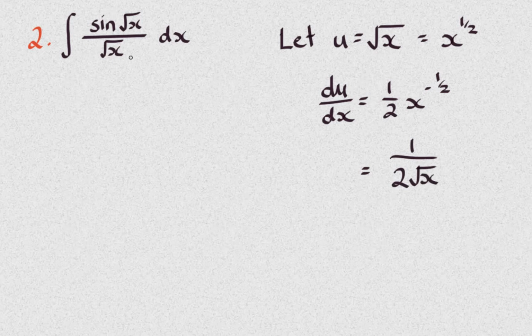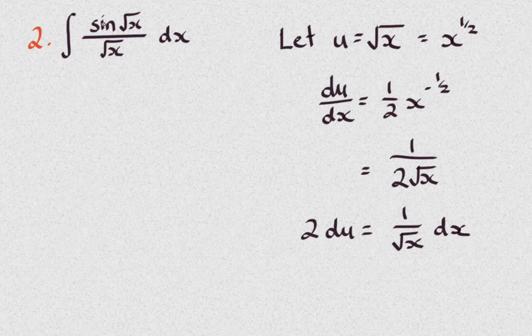Now, looking at what we have in our original integral, we have a root x on the bottom, which is good, but not a 2. So let's multiply both sides by 2. We'll keep the du here, and then we have 1 on root x, and we'll move this dx over to the right hand side.